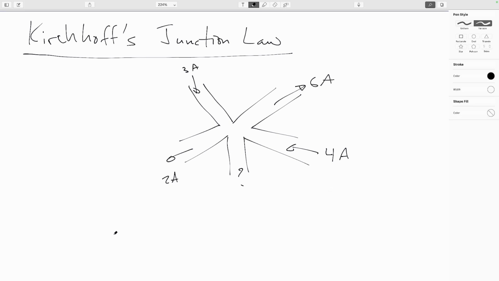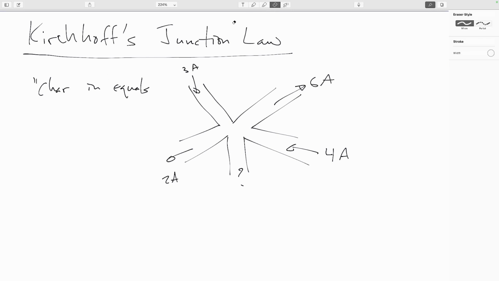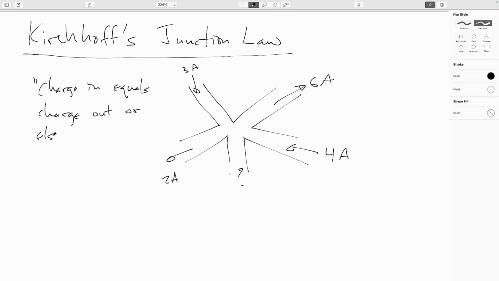So the way I like to express Kirchhoff's junction law is to say charge in equals charge out, or else charge piles up until it does.